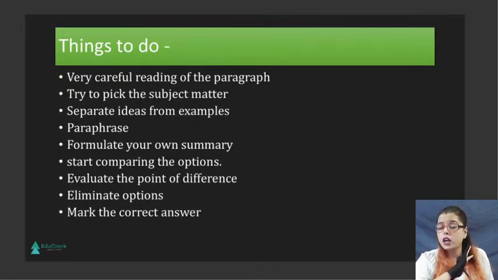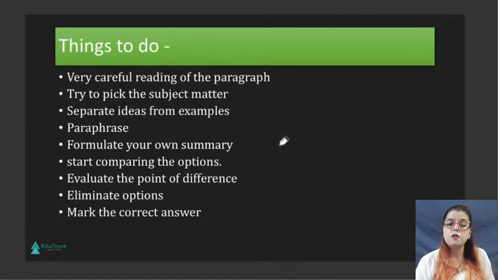Here we are not attempting any skimming or any scanning or any quick reading or reading the summary first. No, we are not doing that. We do not read the options first when it comes to the para summary questions, right? Why? The moment you start reading options here, you will get confused. If you read the options before you read the para summary, you will get confused. Please take it in written.